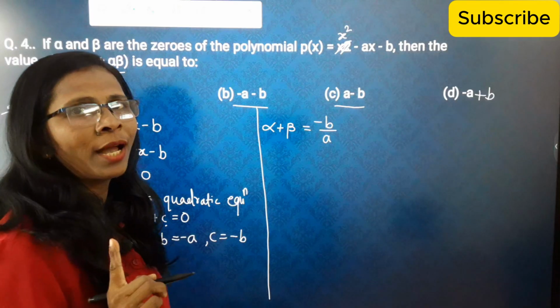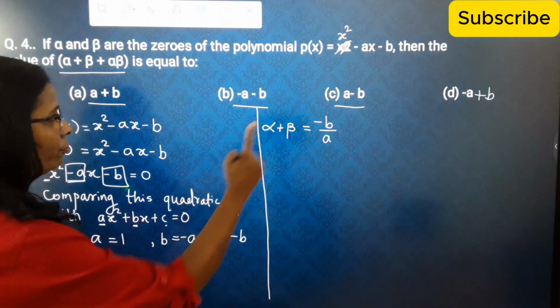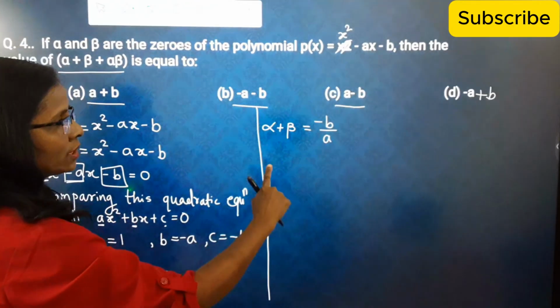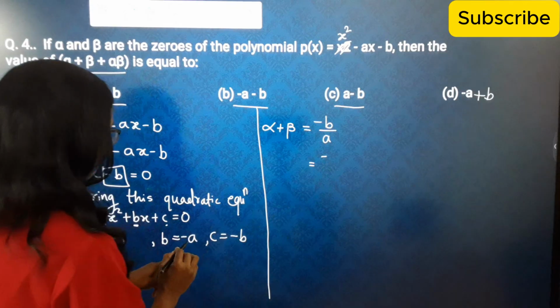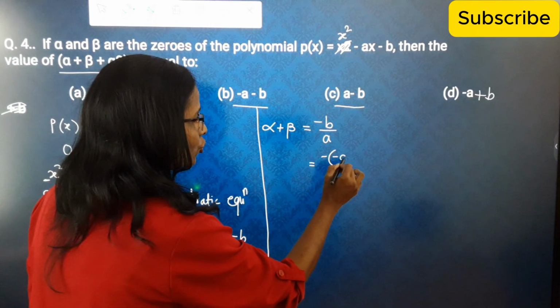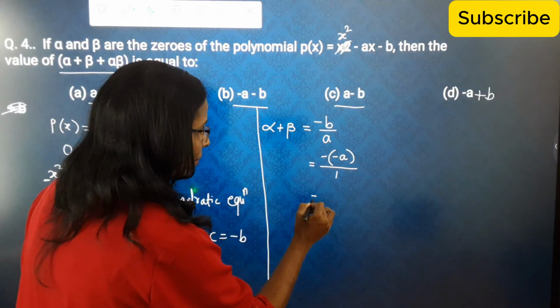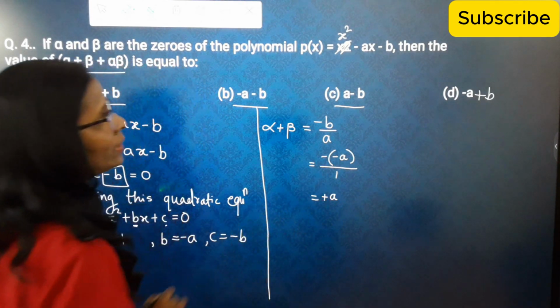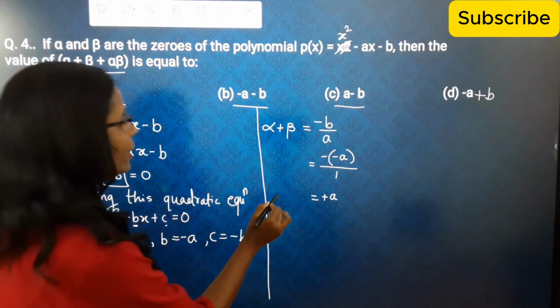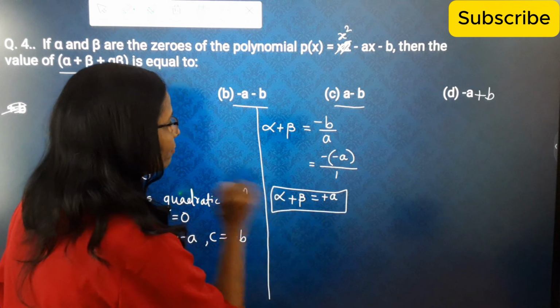This is the formula for the sum of the zeros. We substitute here, minus of minus a, and a is equal to 1. Minus of minus means positive, so alpha plus beta is equal to a.